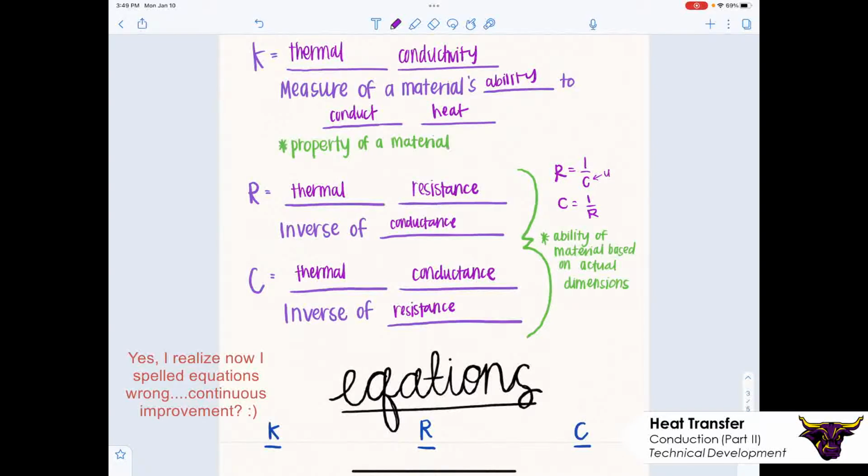We have so many things that are U, and so I don't really love that. We have a lot of things that are C too. So just be careful if you see one or the other, it might be interchanged. In this case, I'm going to use C, but you can see U as well. And these properties are really telling us about the ability of a material based on those actual dimensions of the material.